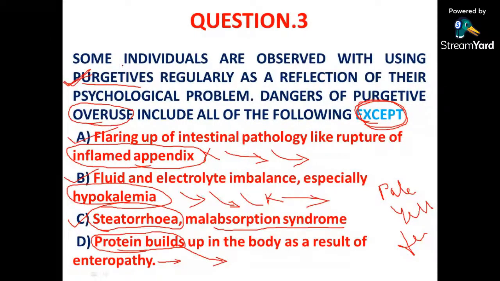So with overuse of purgatives in elderly populations due to psychological problems with constipation, the patient will develop rupture of the inflamed appendix, electrolyte imbalance, steatorrhea, malabsorption syndrome, but the patient will not develop protein buildup in the body. So the option for question 3 is D. D is the correct option.